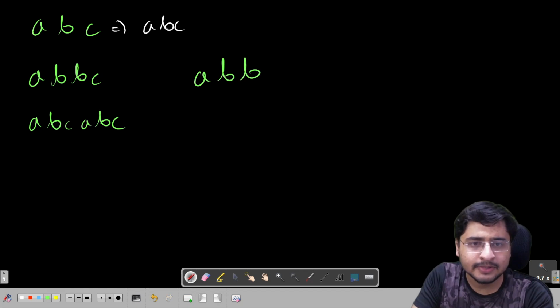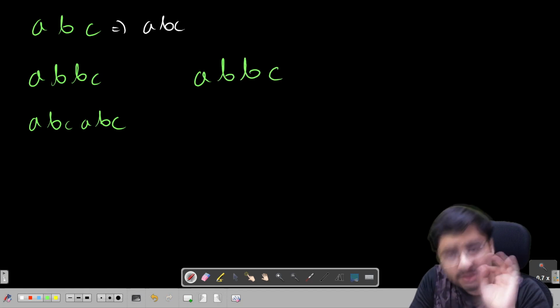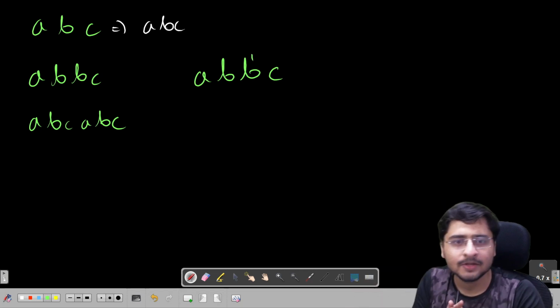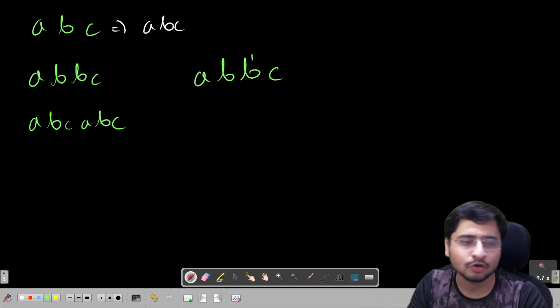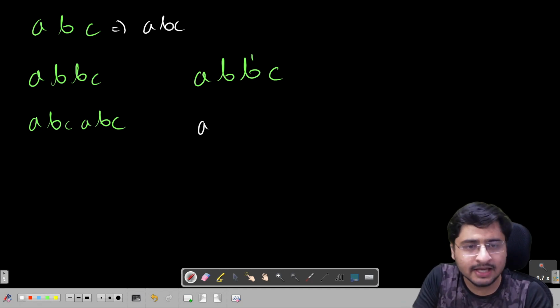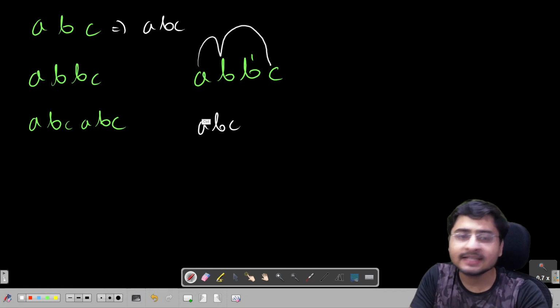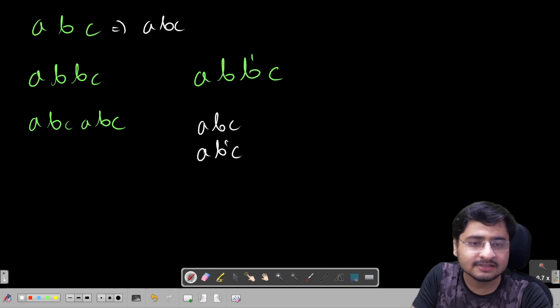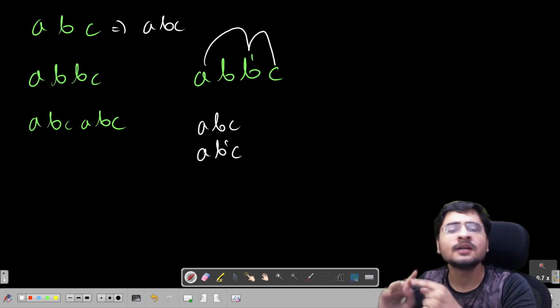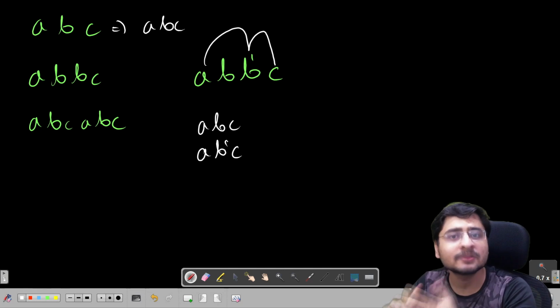Let's consider this test case: A, B, B, C. Just for the sake of understanding, I'm going to mark the second B as B dash, to mark that this is the second B I'm talking about. So let's write all the possible subsequences. The first subsequence would be A, B, C. The second subsequence would be A, B dash, C. I hope the difference between subsequence, subarray and subset is clear.